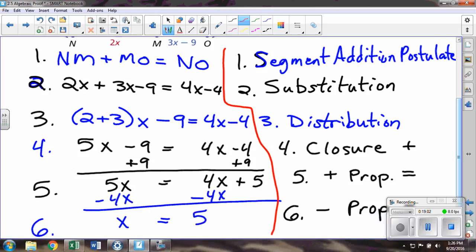Why is it that we know this step is allowed? Why is it that we know doing this step is going to keep things true? That's what these justifications do for us. The left-hand column is a list of things that we know are true. The right-hand column are a list of reasons why we know they're true.